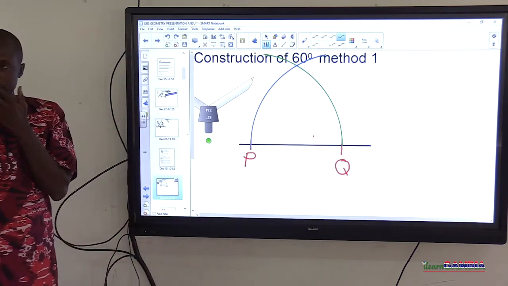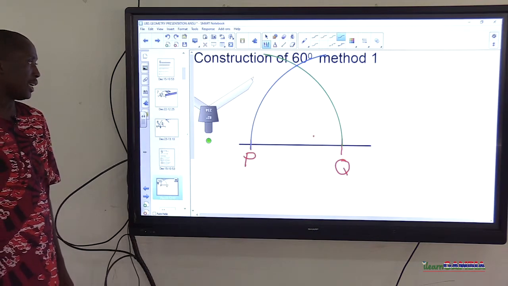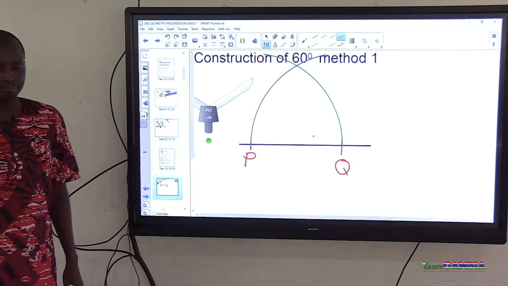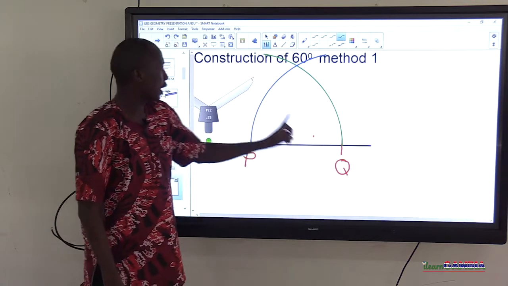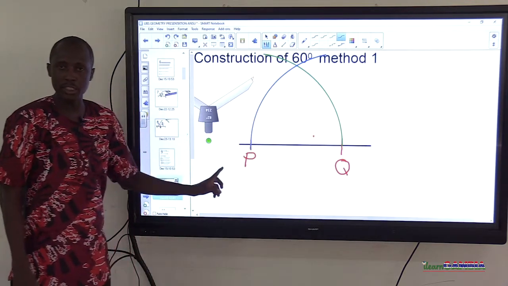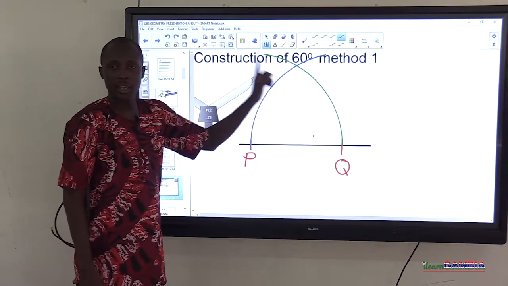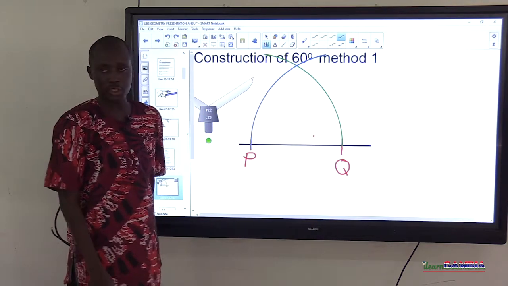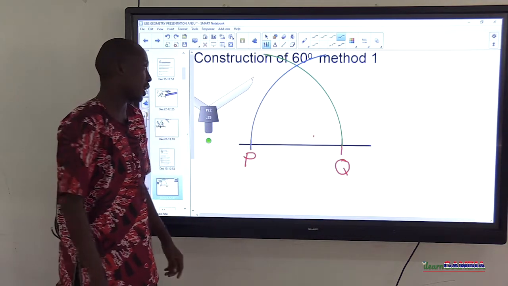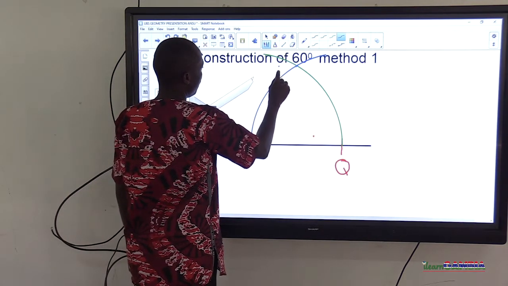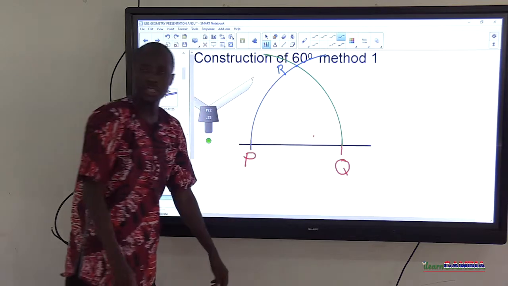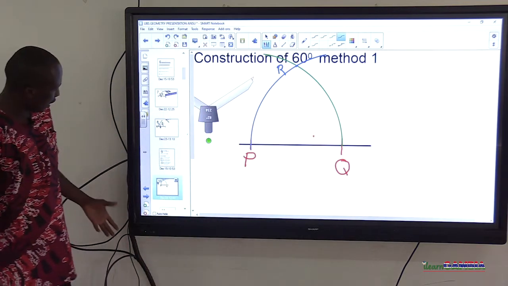Now you can see the two arcs. They are intersecting somewhere. The arc that passes through Q and the arc that passes through P are intersecting at R. So that point of intersection, we refer to it as point R. What is the next thing?